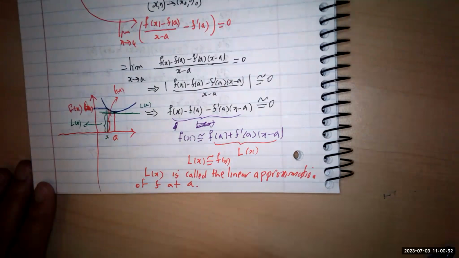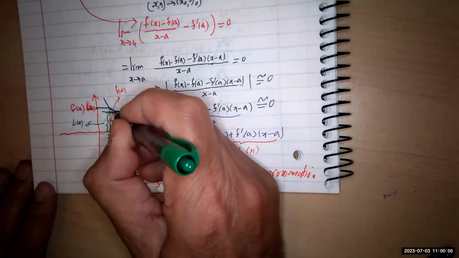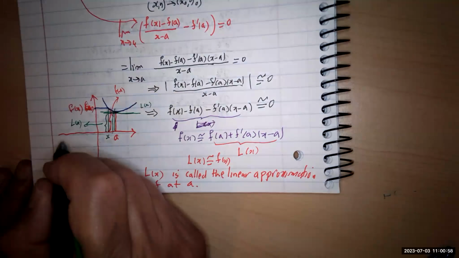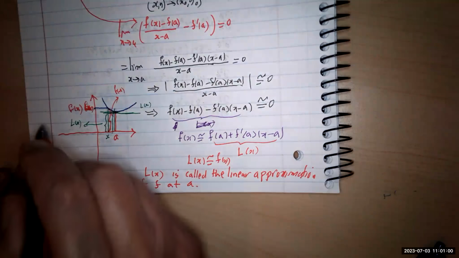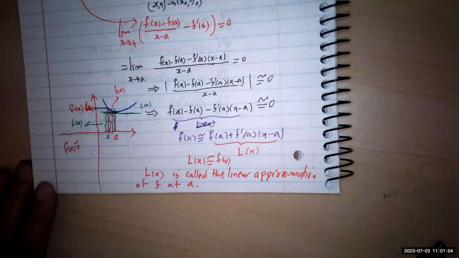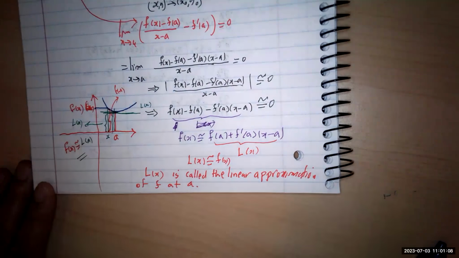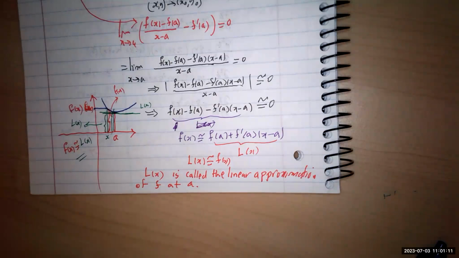If you get closer and closer, the value of your function can be estimated by the value of the tangent line. This is what we call tangent line approximation in calculus 1, and we use it to estimate the value of the function.